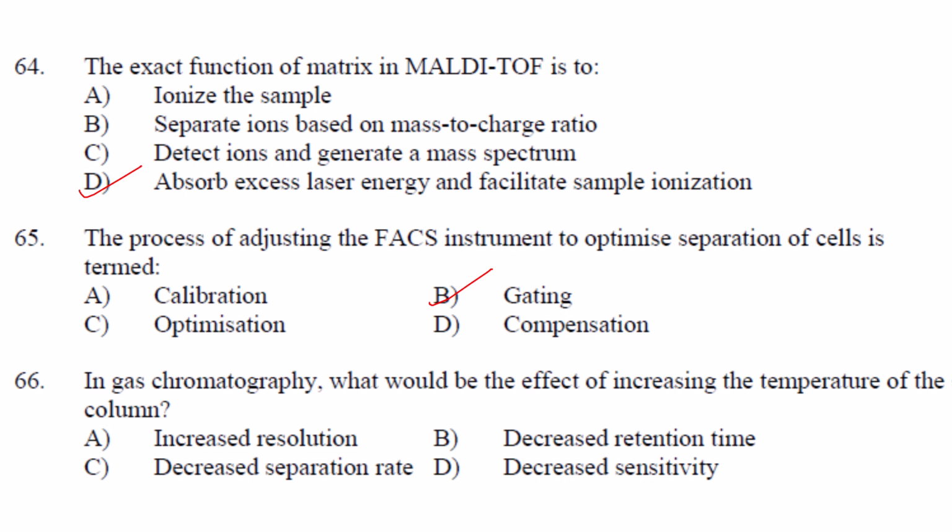Okay, that is, your retention time is reduced. And what will happen when the retention time is reduced? It will elute faster. So effect of increasing temperature of the column in gas chromatography, there is decreased retention time.